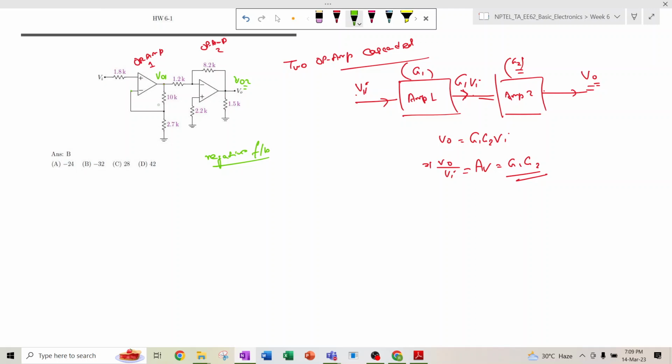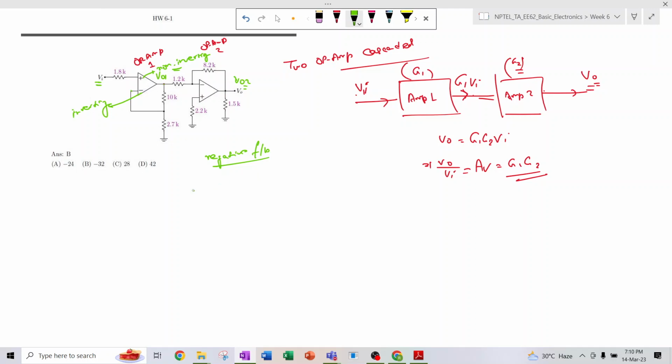And the input is applied in the positive terminal, the non-inverting terminal. So this is the non-inverting and this is the inverting terminal. Since the input is applied in the non-inverting terminal, it is a non-inverting amplifier, right?